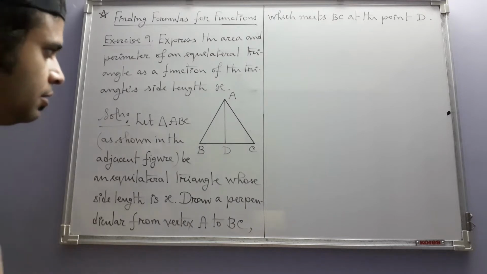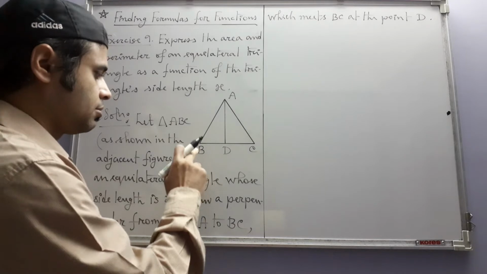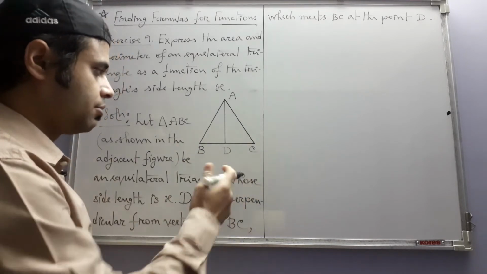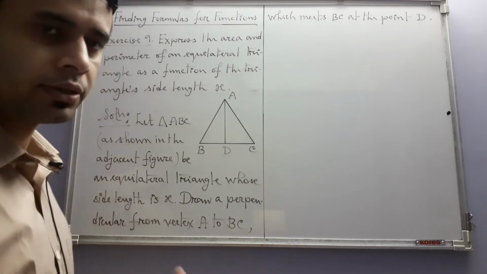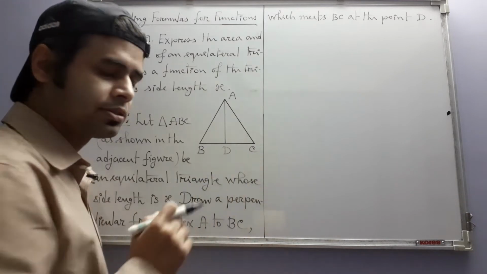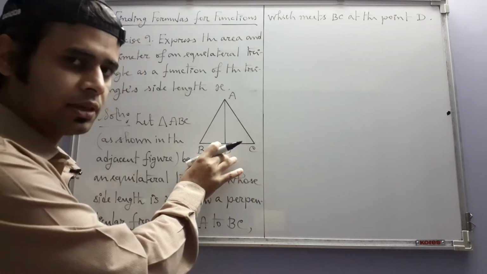Okay. Now it's given that the side length is x, so that means BC equals x, and since the triangle is an equilateral triangle, this perpendicular bisects BC, that is BD is 1/2 of x.